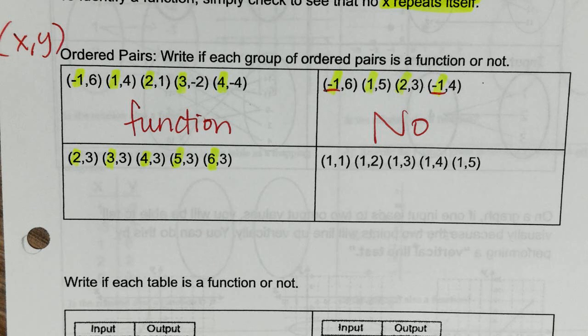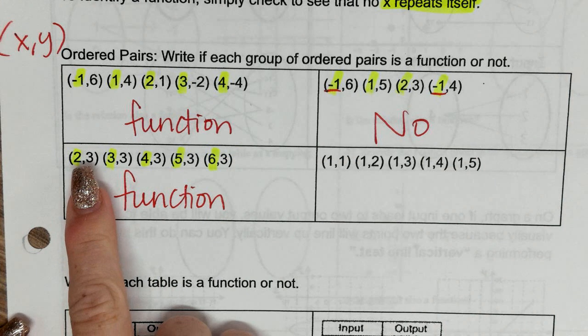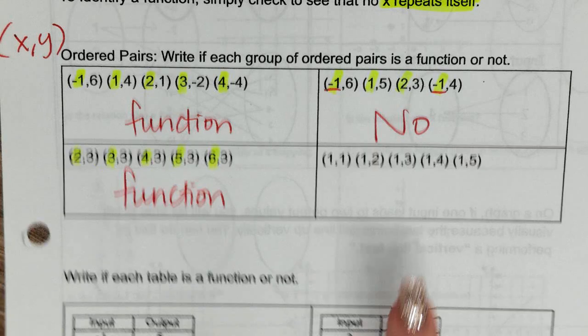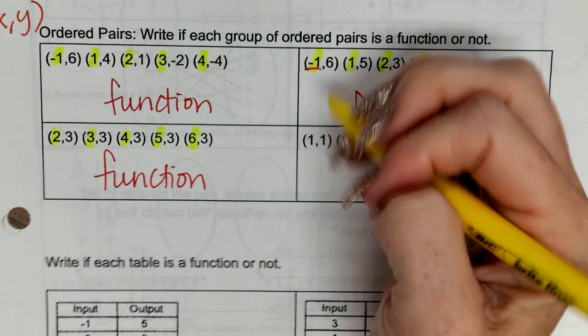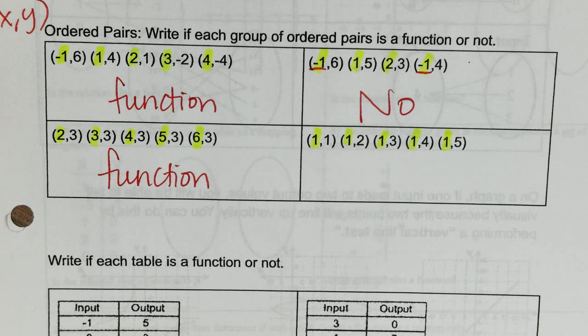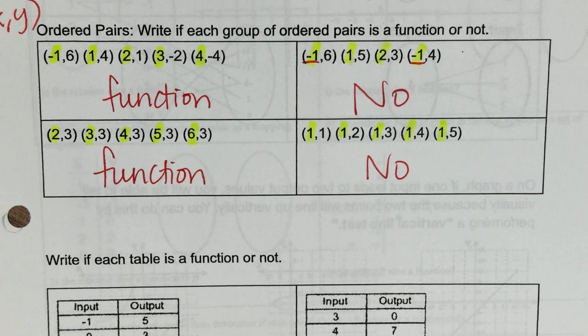Did anything repeat? No. So yes, this is a function. Now, a lot of students get confused because the y's repeat, but we do not care about the y's. We don't care about the outputs. We only care about the x's, the inputs. All right, this one. Did anything repeat? So this is no, not a function.